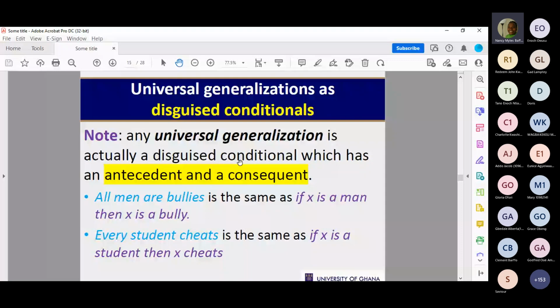So how will you open out the expression all men are bullies? It's simply this. If X is a man, then X is a bully. When you rewrite this as a conditional, then it helps you know your antecedent, X is a man, and your consequent is what? X is a bully. Every student cheats. This is a universal statement.